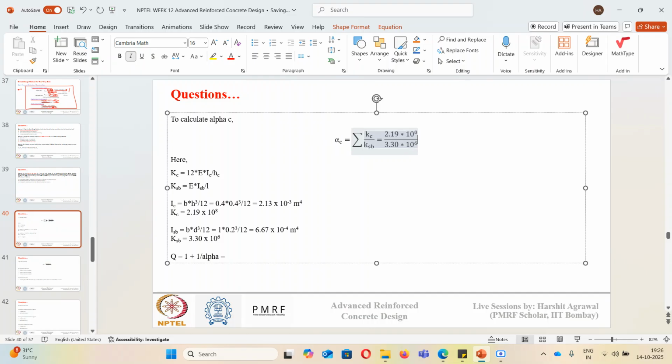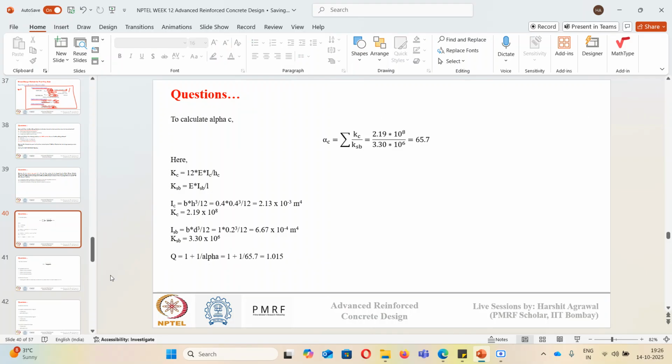Okay, so this ratio alpha c will come out to be 65.7. From alpha c we can get the value of q. So q will come out to be 1 plus 1 upon 65.7, so it will be 1.015. So this is the value of q.